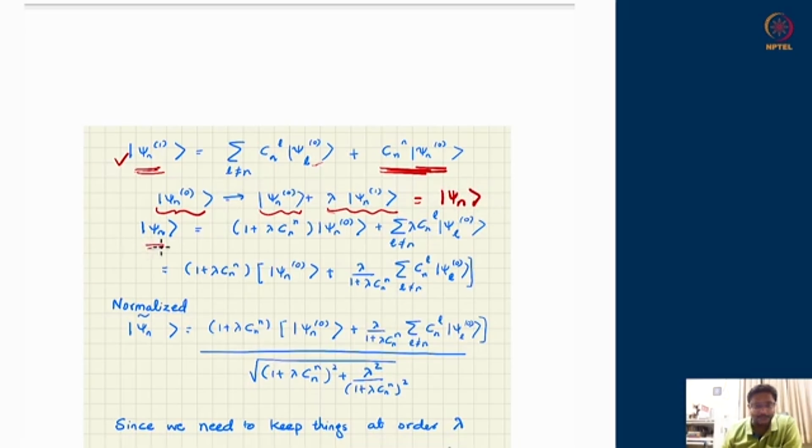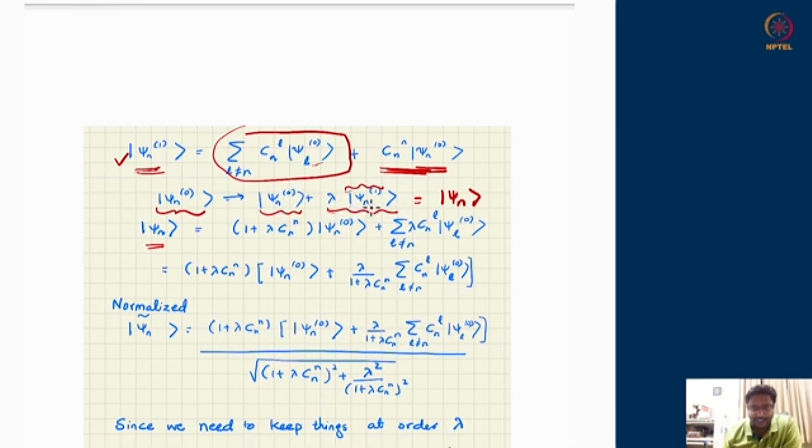Now this psi n up to first order can be collected, because this psi n1 we have already decomposed in a series with terms not equal to n and one term which is equal to n. So I will just collect the coefficients of the different eigenbases.